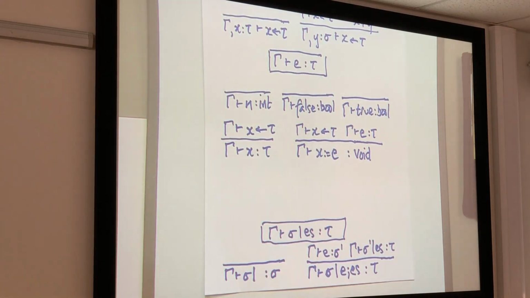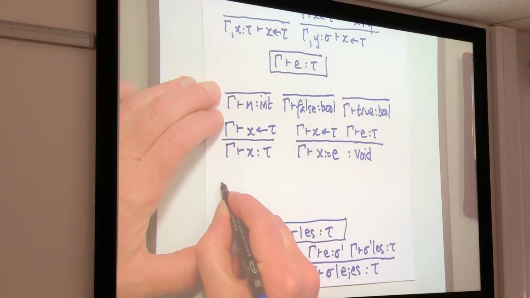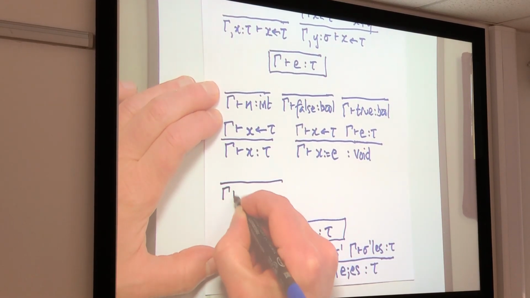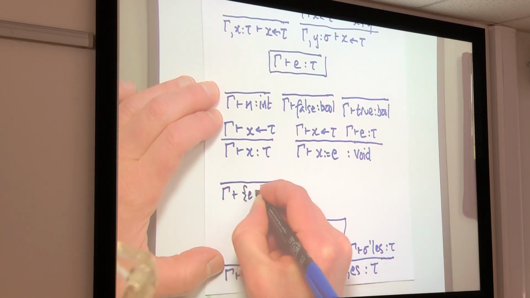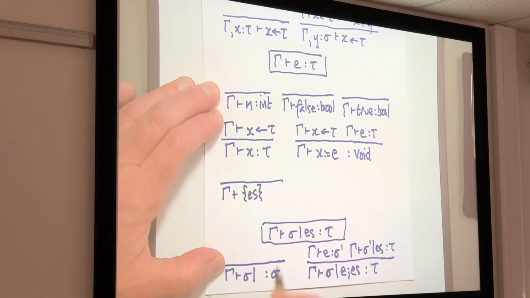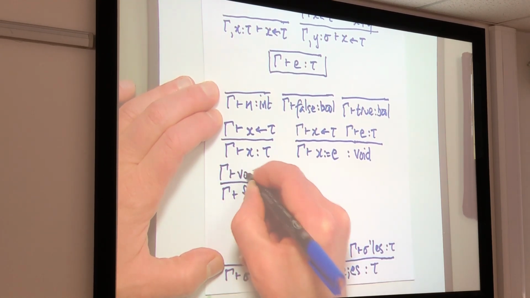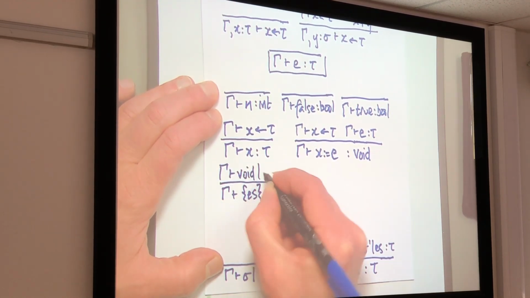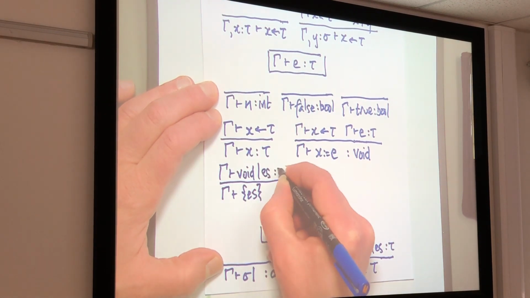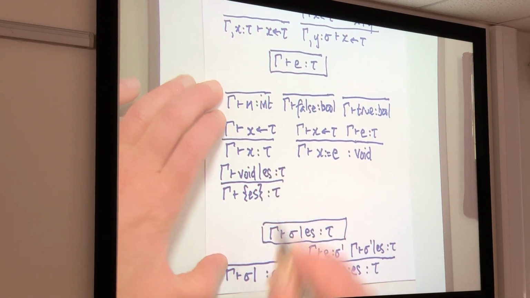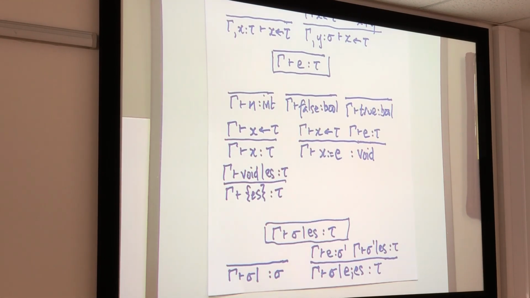And then the rule for blocks is that if we kick off with void, and out comes tau at the end, then out comes tau. So remember, that's delivering the logic I promised you. If the block is empty, its type is void.